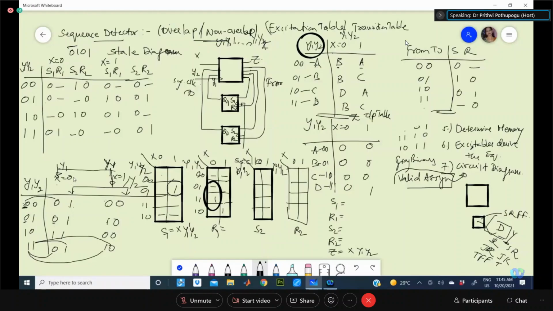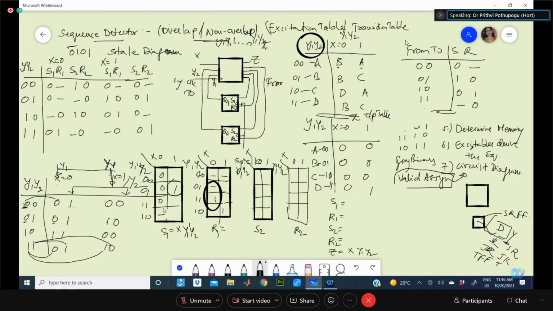Wait, let me check it. S1 is 0, 0, don't care, 0. Next this line is S1. Next line, it is 0, 1. Okay. Nice. 0, 1.